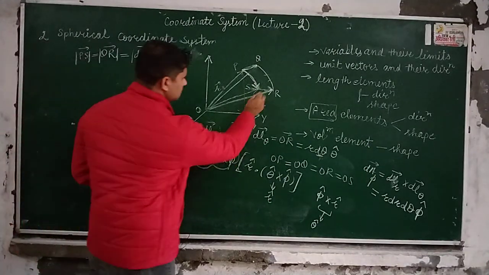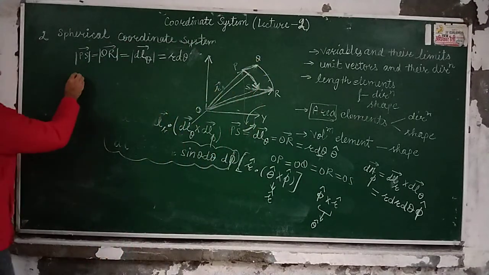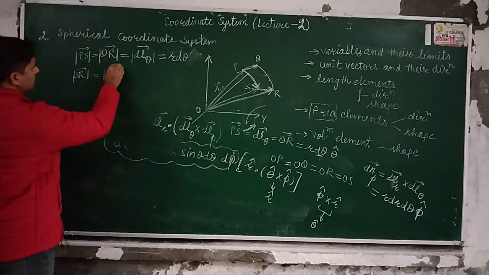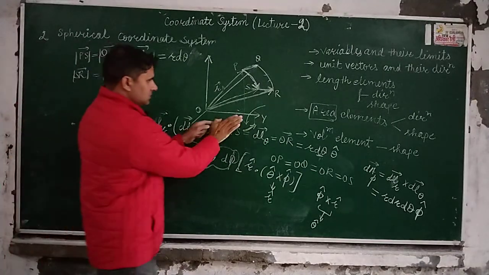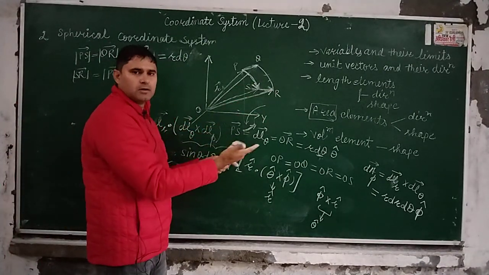And another one is SR and PQ. So here the magnitude of SR equals the magnitude of PQ. You can see its projection in the xy plane will give you dl phi.